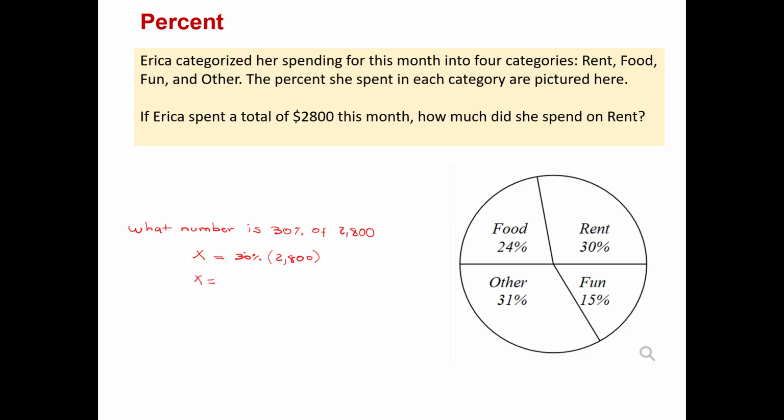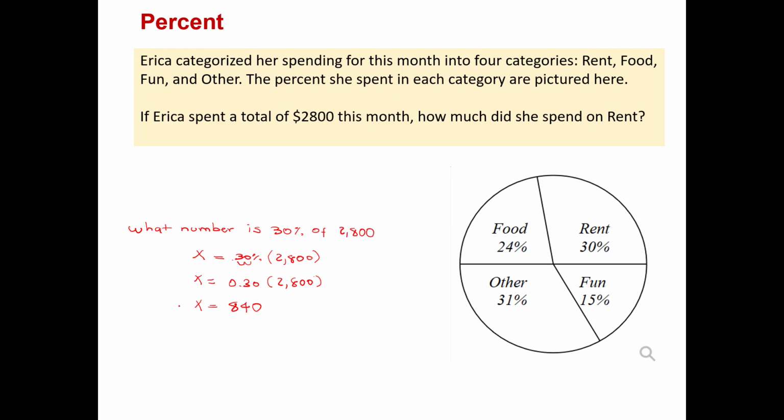Then we know we need to change this one into decimal. We divide by 100 or move the decimal point 2 places. Then we will have 0.30 times 2,800. We multiply these two numbers, then we will get 840.